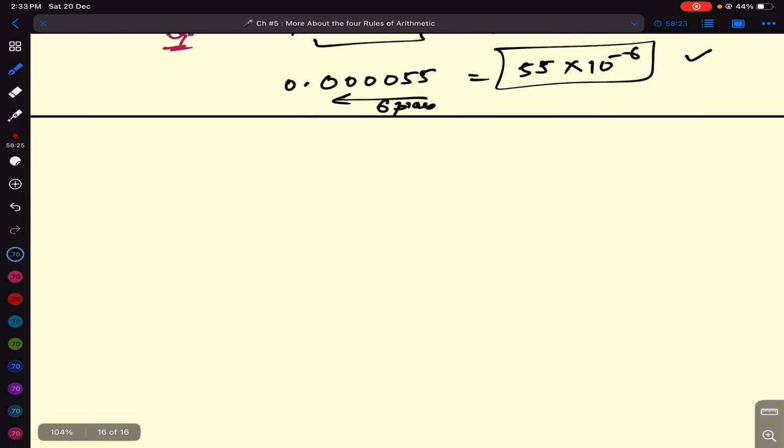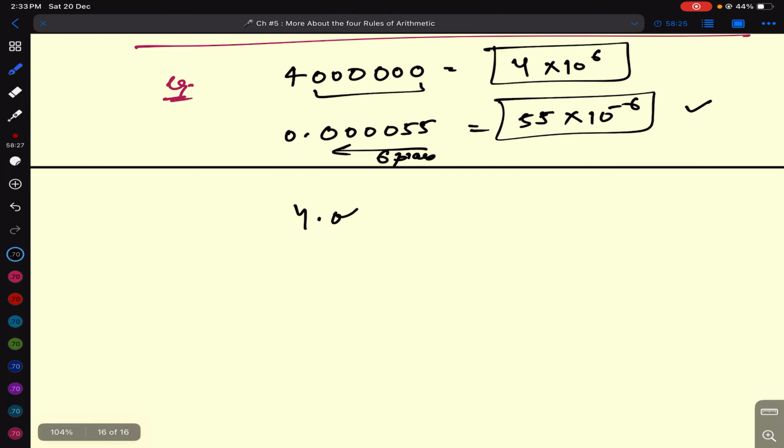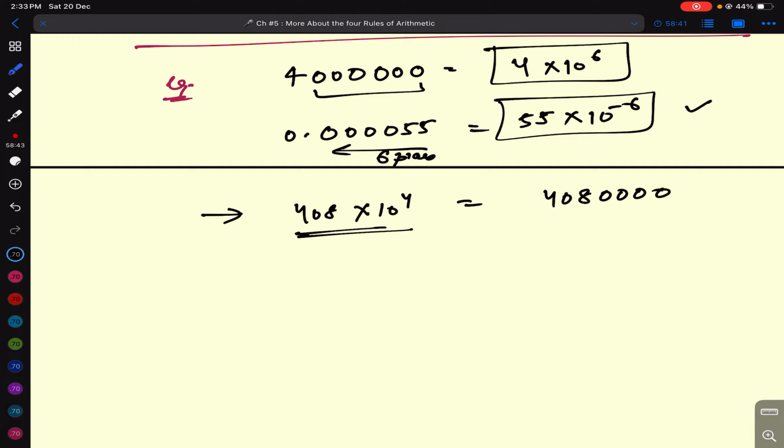Okay, suppose you have 4.08, otherwise you can take 408 times 10 to the 4, so that will be 408 and then 4 zeros. This is the reverse, from scientific notation to the number.